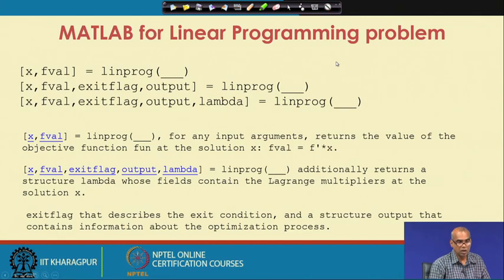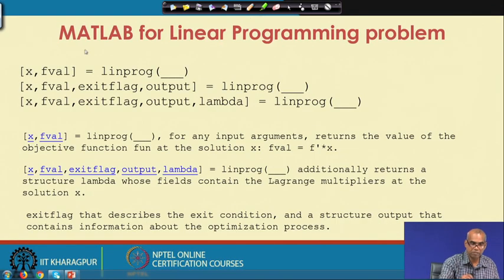Now, along with this solution vector, MATLAB may also return the value of the objective function for the optimal values of x1 and x2, etcetera, the decision variables.